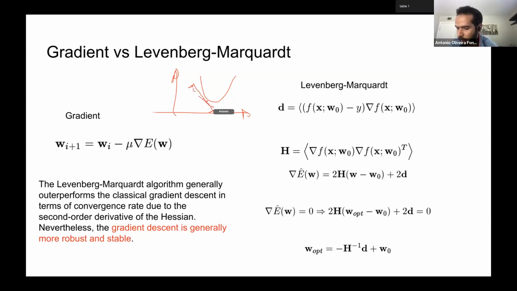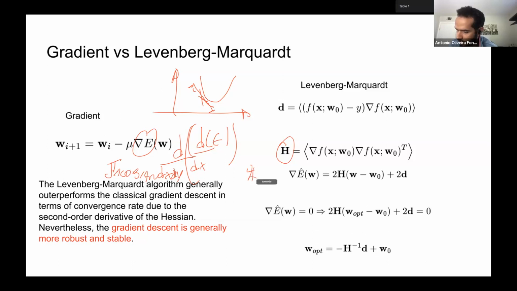Then you have the second order derivative, which is the derivative of the derivative itself. And it has a name, which is the Hessian. So this is the Jacobian, just so you guys know the names of things. This is the Jacobian, the first order derivatives, and this is the Hessian.